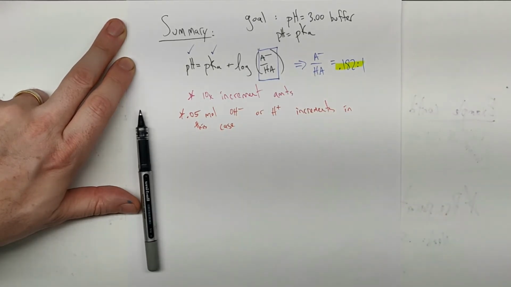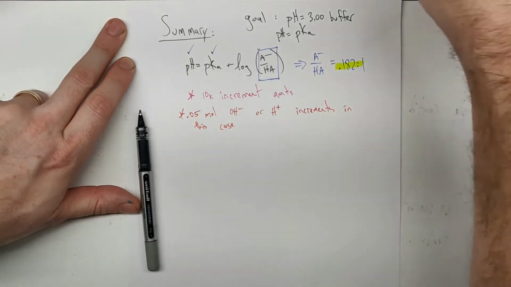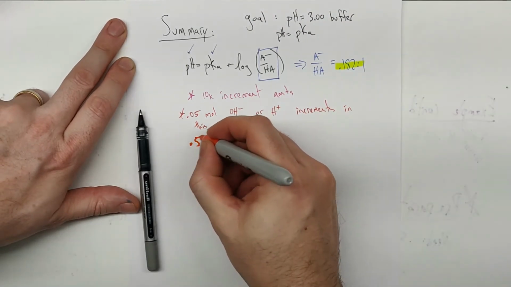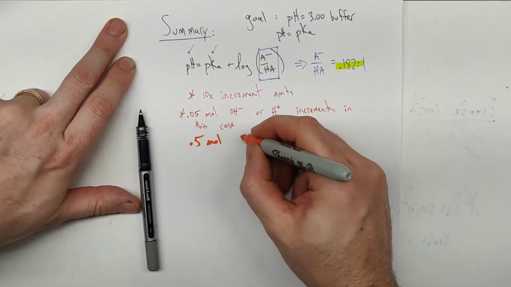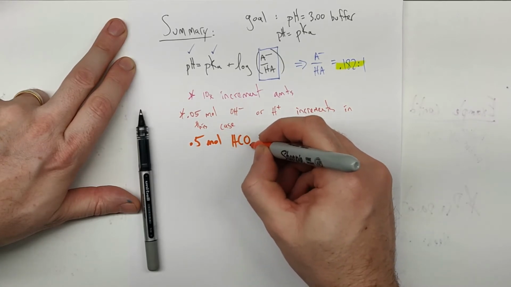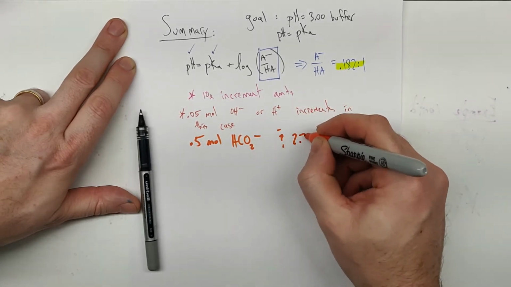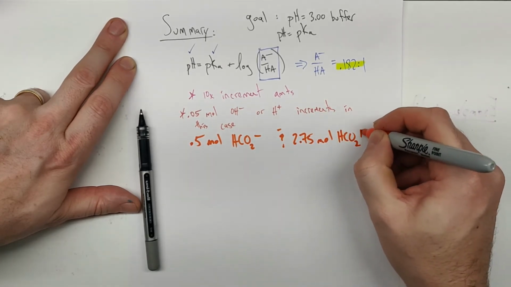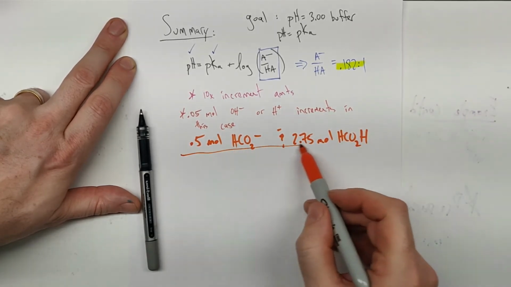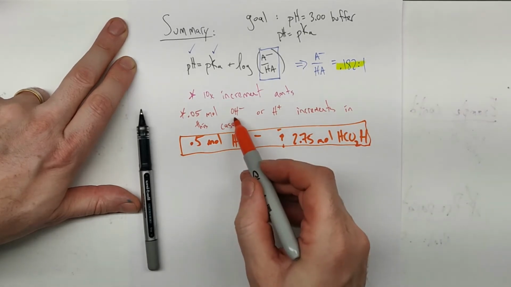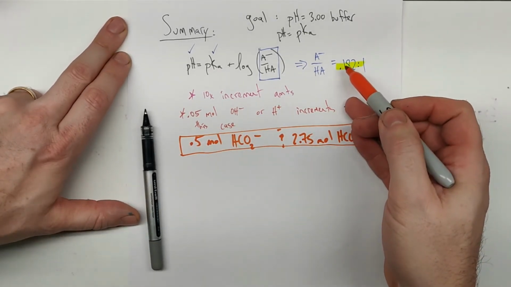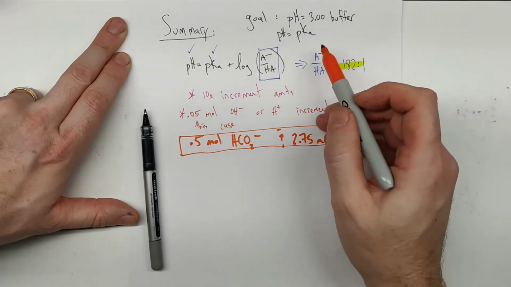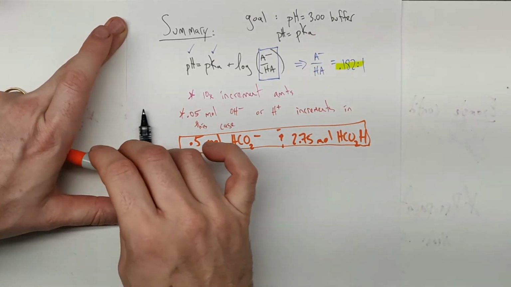And then substituting that into the equation, we got some pretty important numbers, and that was our 0.5 moles of the HCO2 minus and 2.75 moles of the HCO2H. All right, so this was our recipe based on this, which was based on the ratio, which was based on how we turn our formate buffer system into something that has a pH of 3.